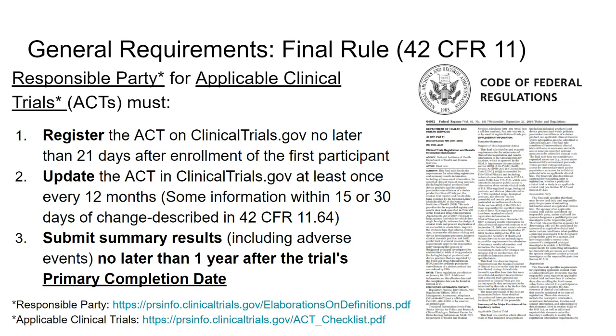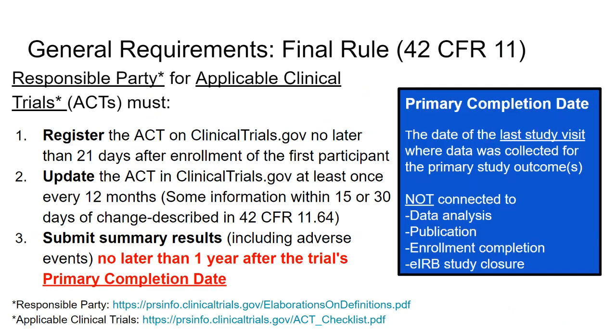The trial must be updated at least once a year, similar to continuing review in ERB, and some information in the record requiring more timely update, such as study start date, primary, and study completion date, should be revised from anticipated date to actual date within 30 days of the changes. Again, these are required by law.